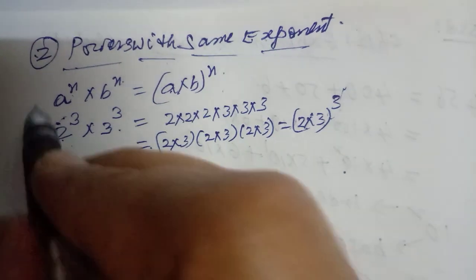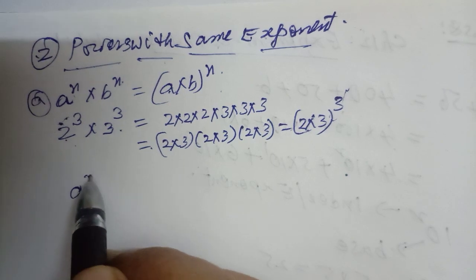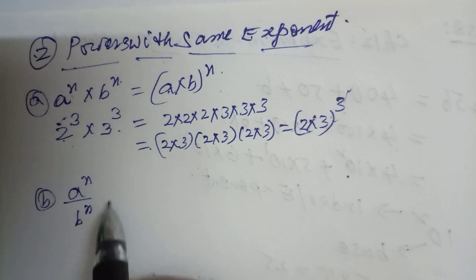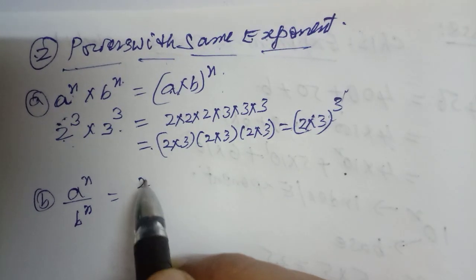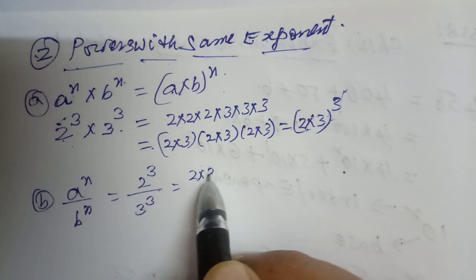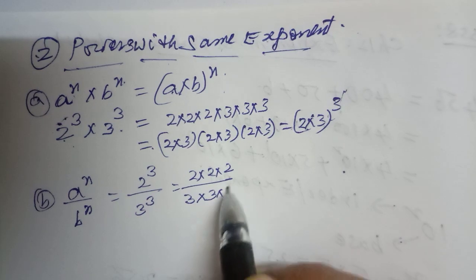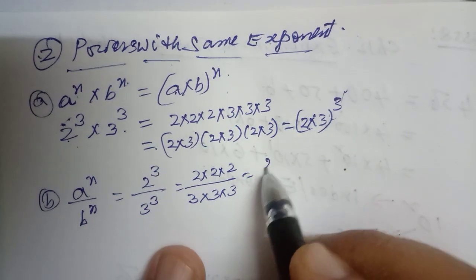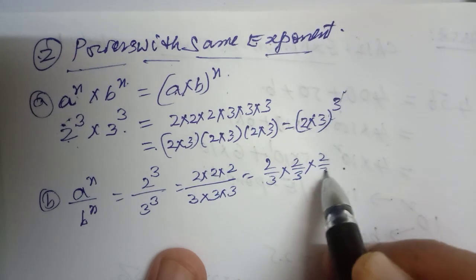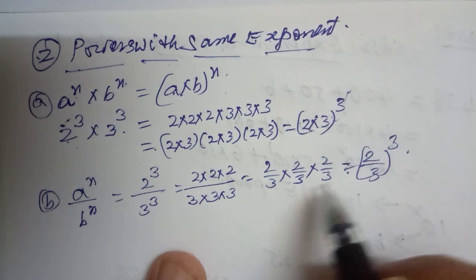Now, let us understand one more. a to the power of n divided by b to the power of n. So, 2 cube divided by 3 cube. 2 into 2 into 2 divided by 3 into 3 into 3, that is equal to 2 by 3 into 2 by 3 into 2 by 3, that is 2 by 3 whole cube.